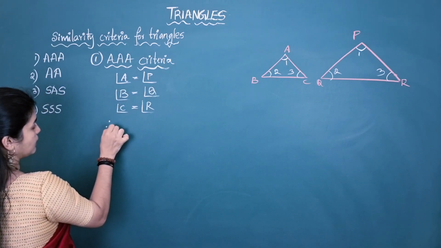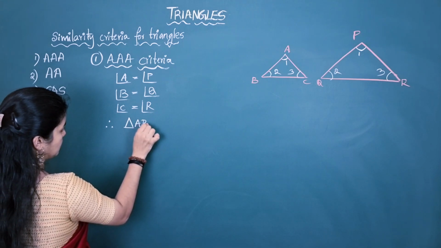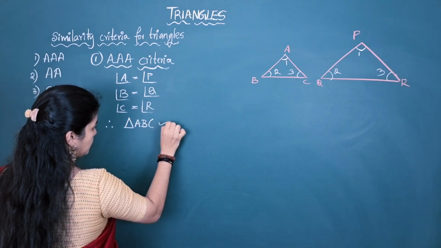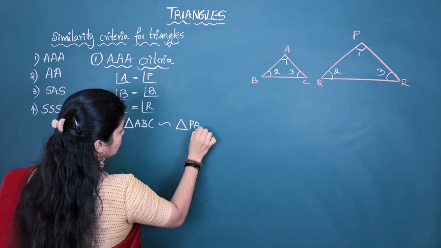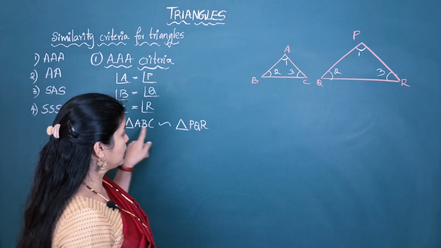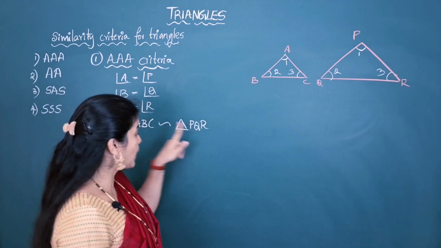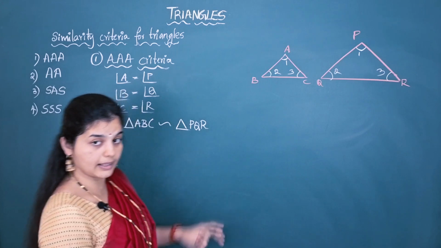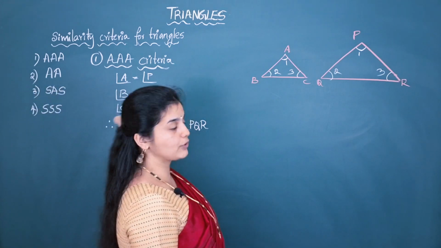Therefore you can write triangle ABC similar to triangle PQR.